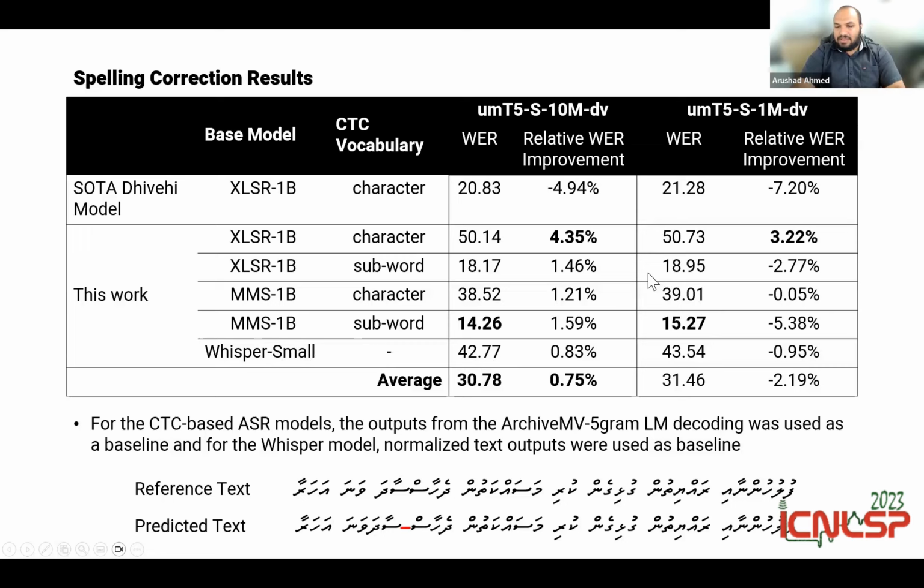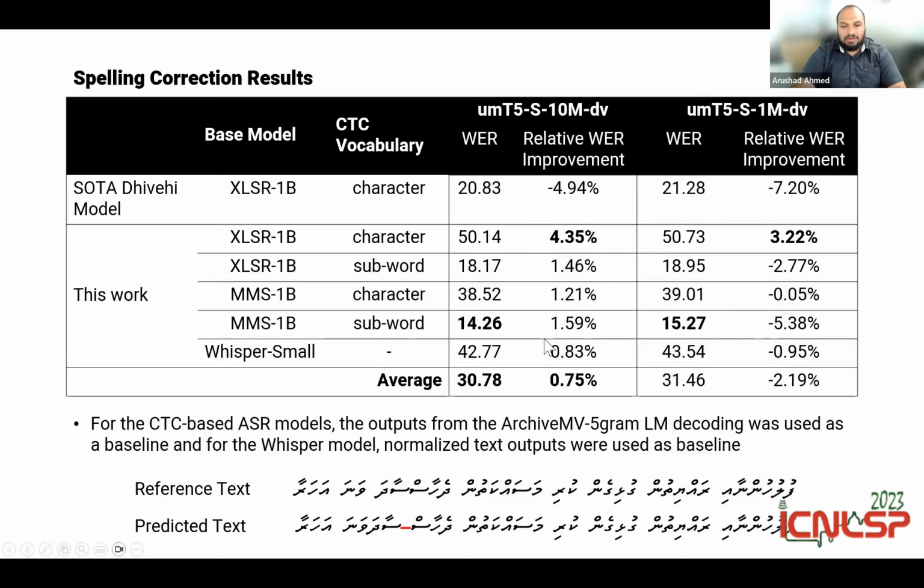Here you can see that the model that was trained on 1 million samples actually wasn't able to improve the word error rate overall at all. However, the model that was trained on 10 million samples was able to slightly improve the word error rate, but it's only a slight improvement.